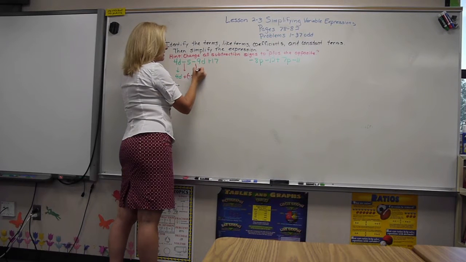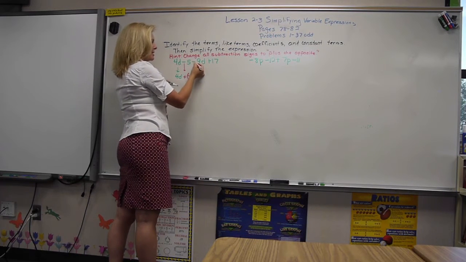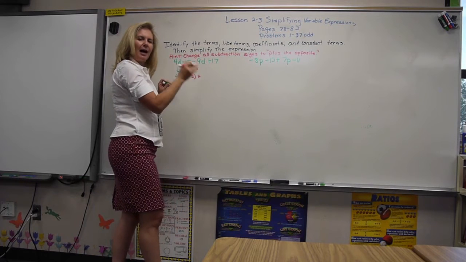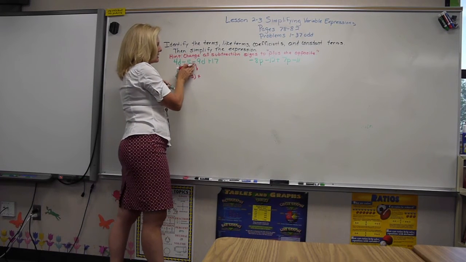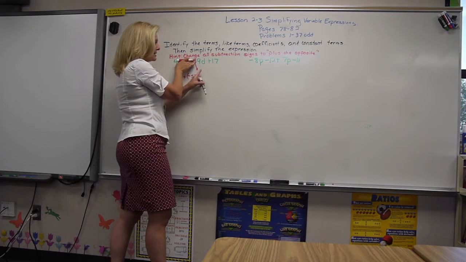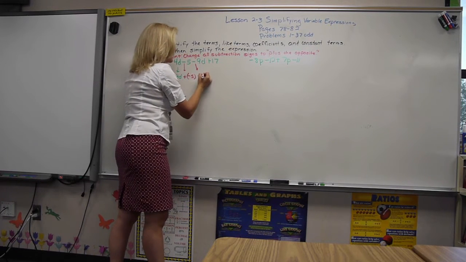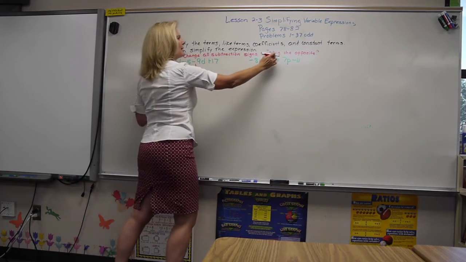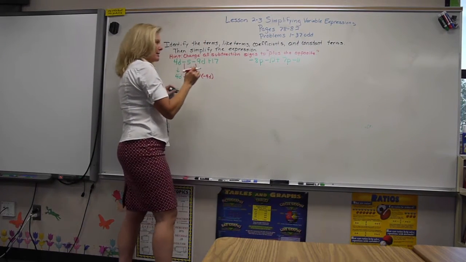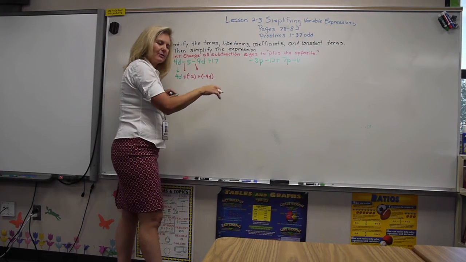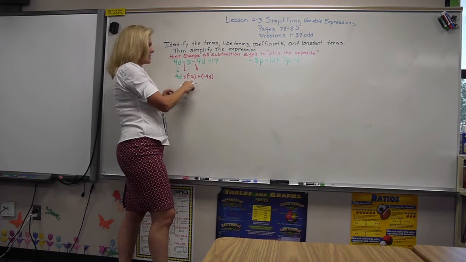Now I see another subtraction, so I'm going to switch that and change that to plus, but whatever follows it, I have to change to the opposite. So if I cover up that subtraction sign, it was a positive, I want to now change it to negative 9D. That's what it means by plus the opposite. Change all subtraction to plus, but whatever immediately follows it, you change to the opposite.